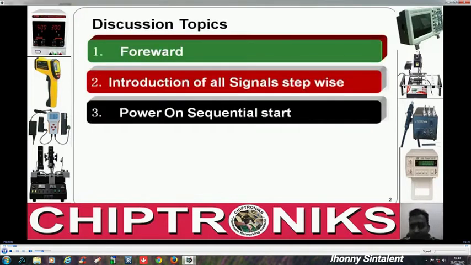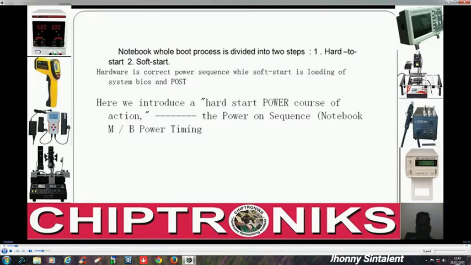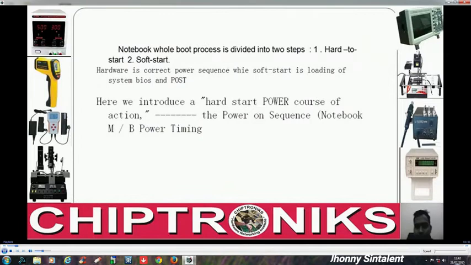I'll briefly discuss all the signals on a laptop motherboard, and I will explain each signal whenever it's necessary. Right now I'll just give a brief idea of what signals are present. Basically, the entire booting process of a notebook can be divided into two steps: one is the hard reset and another is the soft reset.